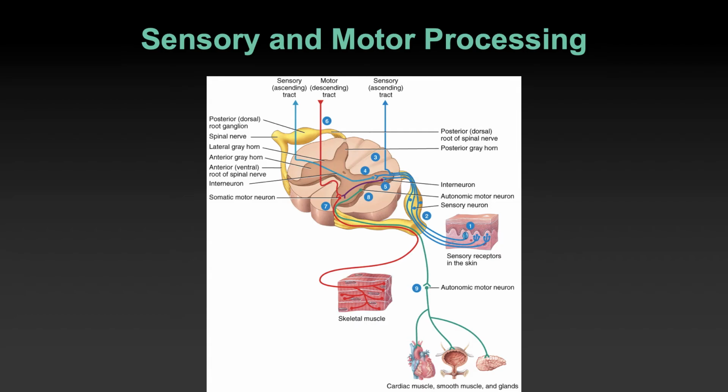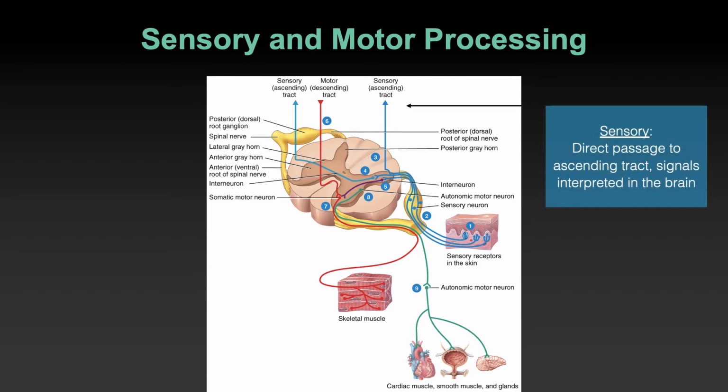But in general, I'm going to highlight 3 scenarios where sensory and motor signals would travel in the spinal cord. Scenario 1, information is only sensed. So some receptor sends information to the spinal cord and it's relayed to the brain.